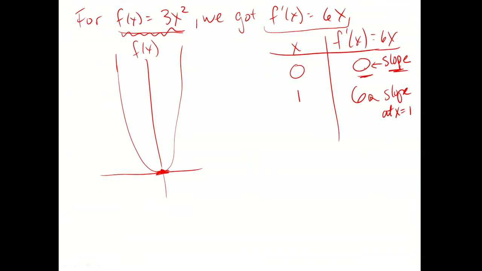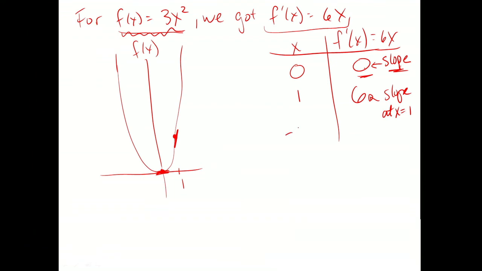It would be saying for every 1 step to the right, you take 6 steps up. x equals 1 is probably somewhere around here. So if I look at the graph at x equals 1, the slope would be sort of like that. Is it reasonable that that might be a slope of 6? Sure. 6 is pretty steep, and it's positive. So it's believable that that has a slope of 6. All right, that's okay.